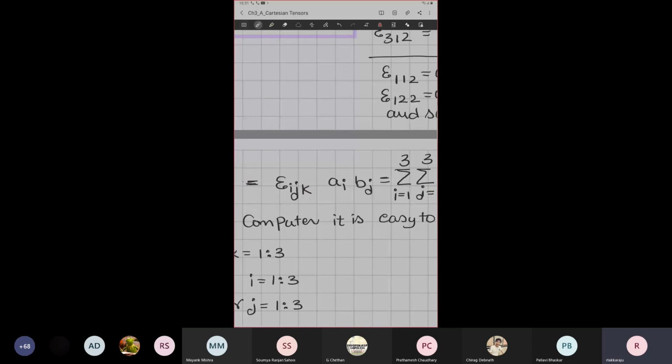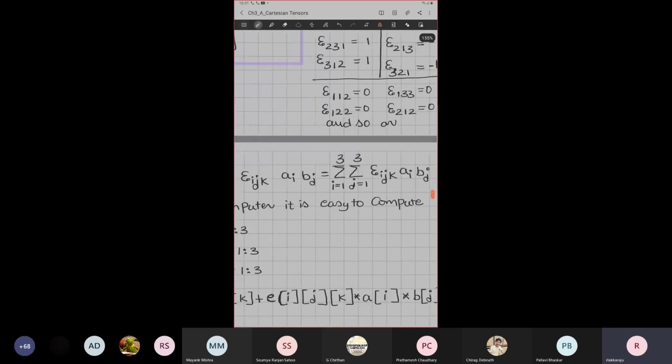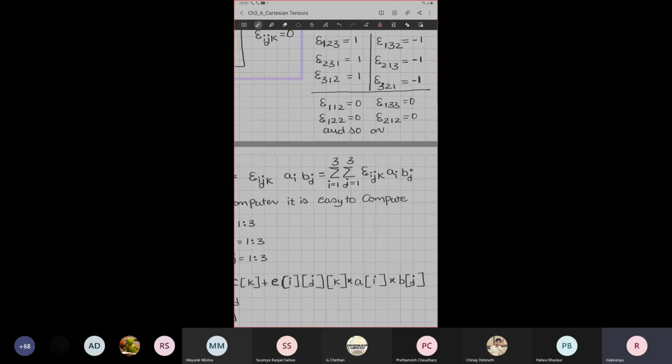So a vector in the k dimension, you will get it. The whole point of this epsilon ijk a_i b_j means summation i equal to 1, 2, 3, summation j equal to 1, 2, 3, epsilon ijk a_i b_j. So a vector of k dimensions, you will get it.